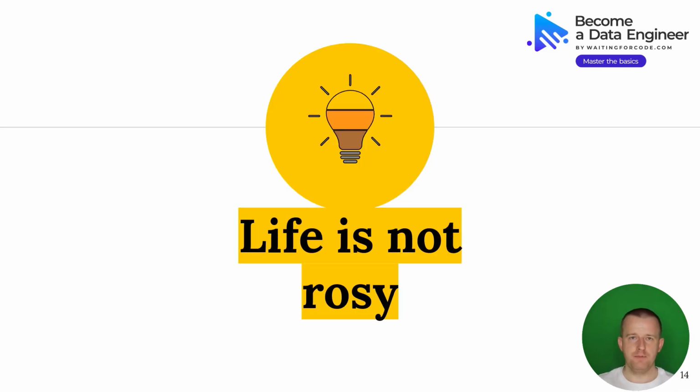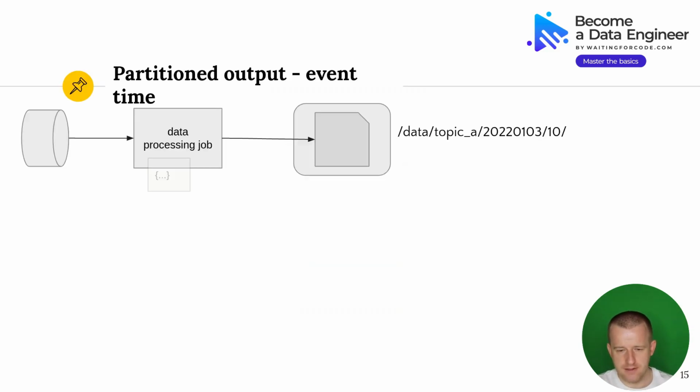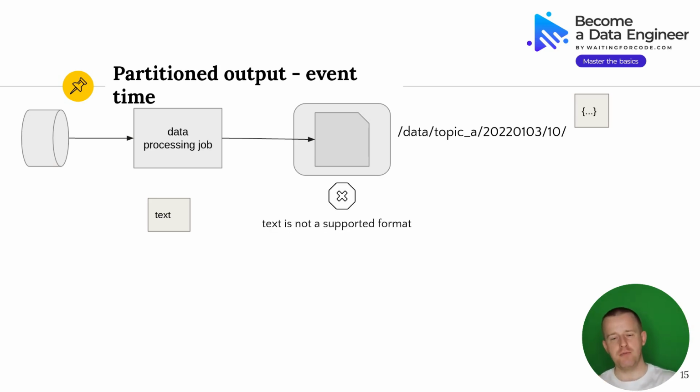And as I already spoiled a bit, life is not all rosy, because things can go wrong. So here we have a JSON, and here you can see that instead of getting a JSON, our producer made a mistake and sent us a text format that we cannot process, because we wrote a job to process JSON data. And now we have two choices generally.